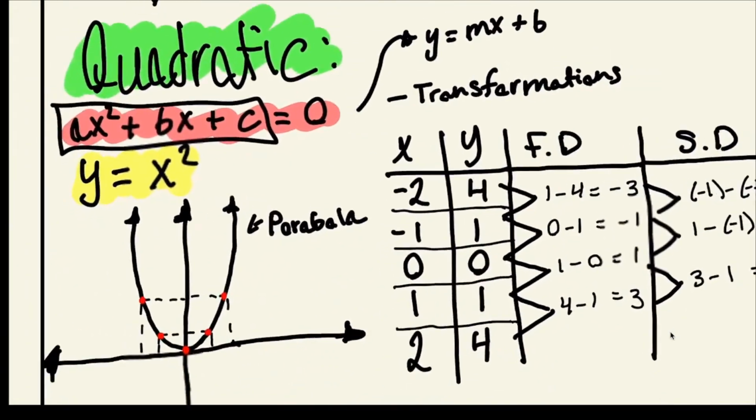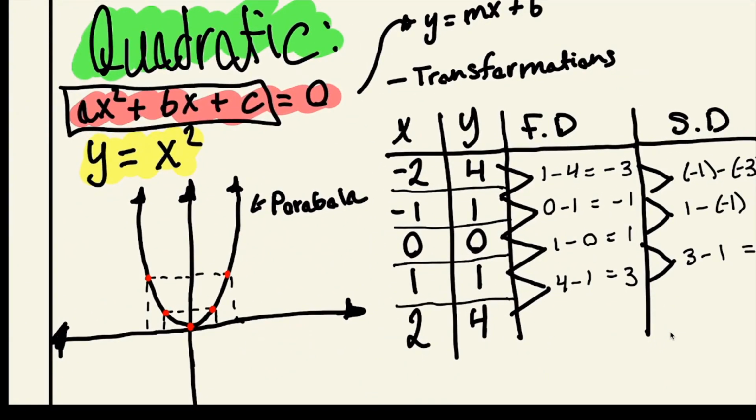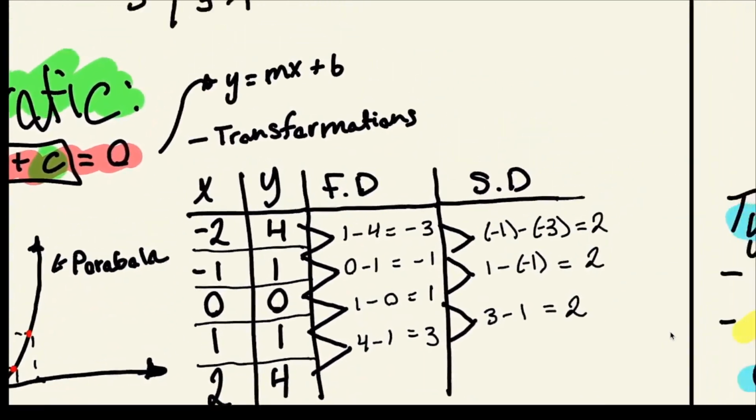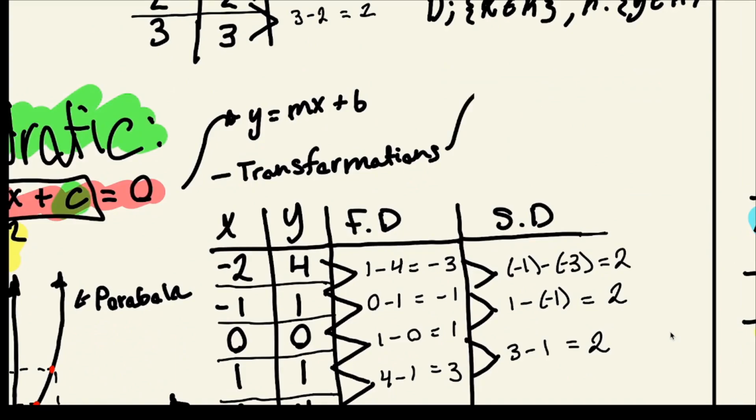So let me see if I can actually highlight. The A, B, and C values determine the transformations. The simplest way I can put it, it basically determines if your parabola will go up or down.